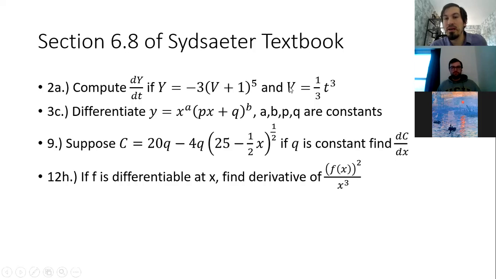Or here we have this other equation, v equals 1/3 t cubed. These are a little bit more complex versions of differentiation, but I think they're all telling you something about the flexibility that you should approach these problems with.